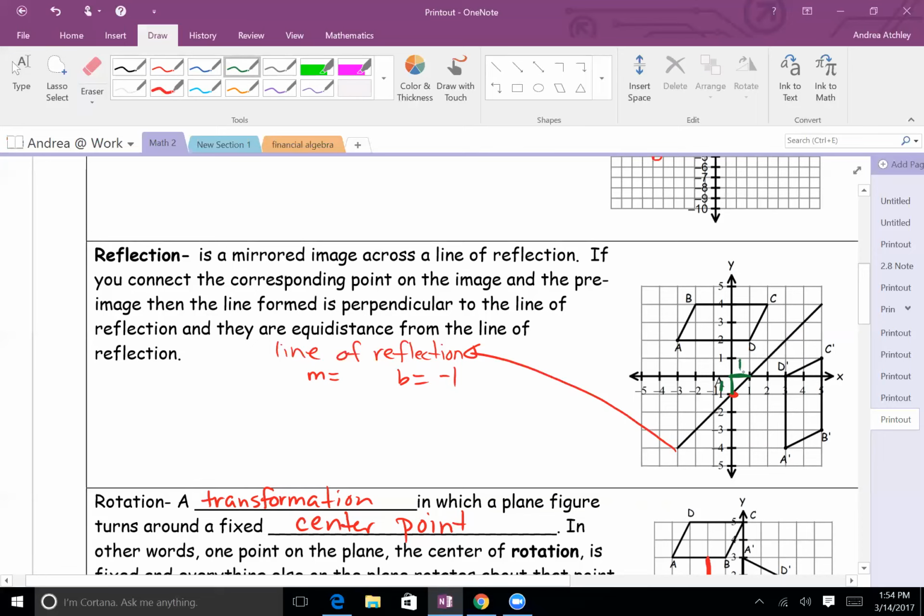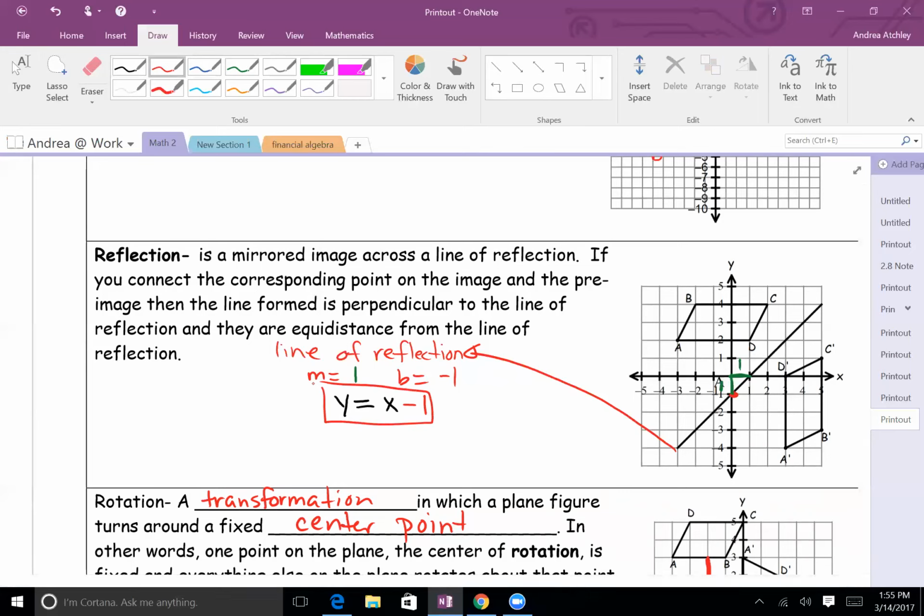It's going up 1 and over 1, so it's a positive slope of 1. Any questions over that? So the equation of this line is just y equals, we can have 1x, but we don't need the 1x, and then -1. And that's the equation of that line of reflection. Any questions?